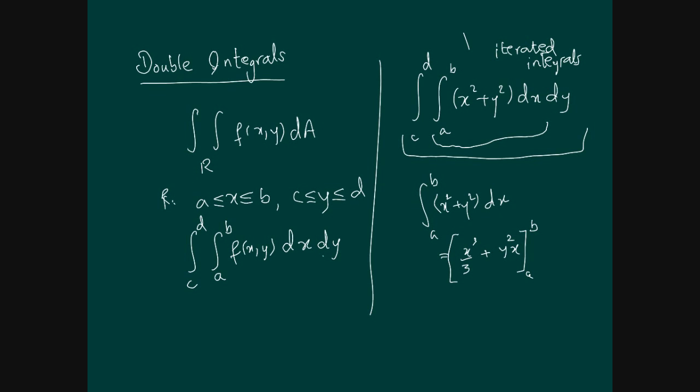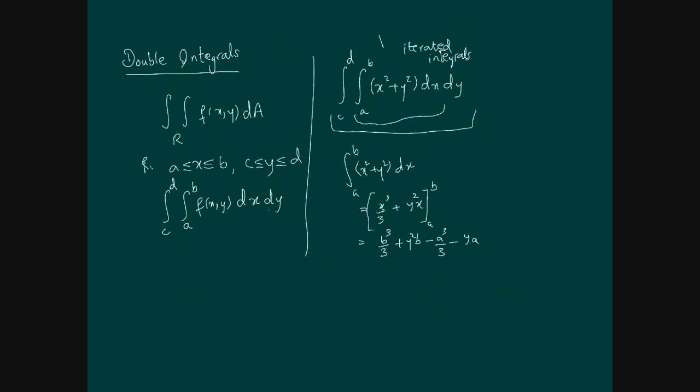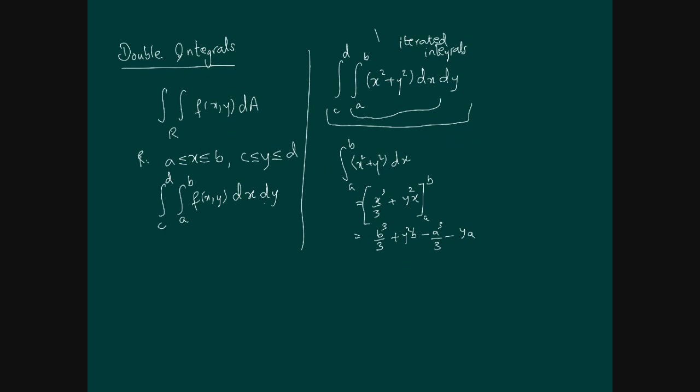Anyway, as you put in the values from a to b, that's going to be equal to b cubed minus a cubed over 3 plus, that's y squared as well, sorry about that. So it's going to be y squared, in other words, b minus a times y squared.